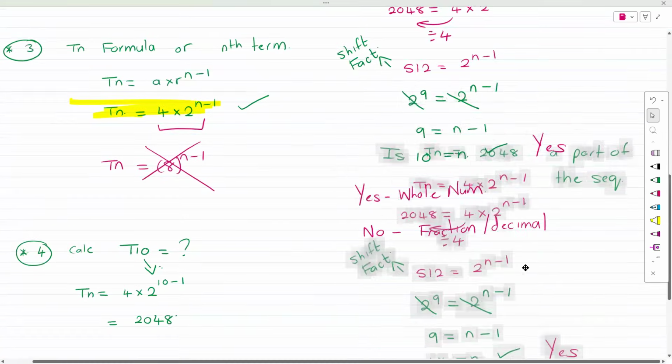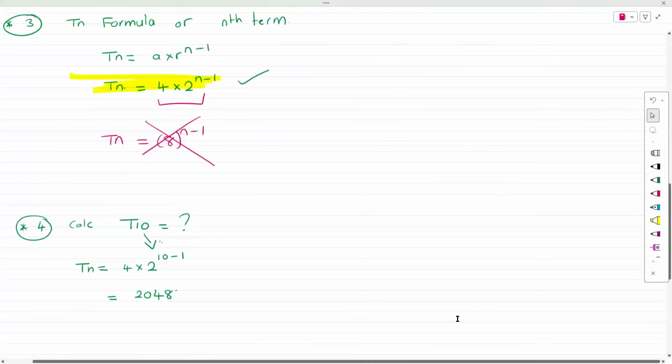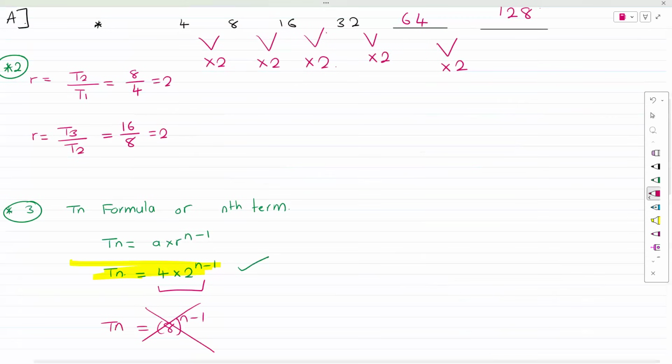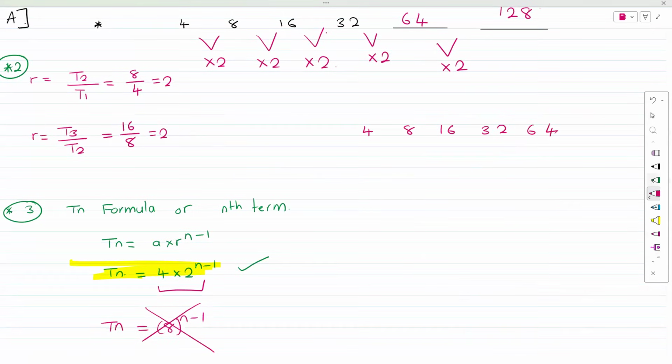Now the last question is unknown terms. There's an easy way and there's a difficult way. I'm going to teach you a way that the school does not use very often. Let's take the exact same pattern. 4, 8, 16, 32, 64, right? Let's remove all of it actually.